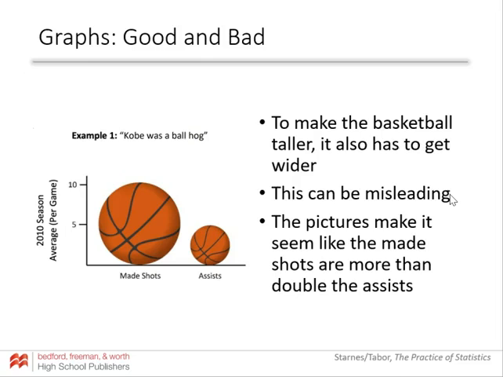We have the number of made shots and number of assists for Kobe Bryant. He had 5 assists per game and 10 made shots per game. But the way those basketballs are drawn, it makes it look like this one is a lot more than double that one. Okay, so we don't want to use pictures like this.